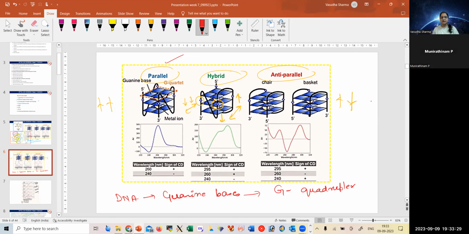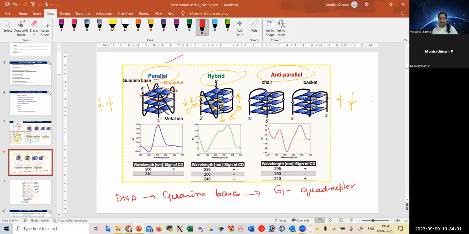Now you can see, just as we saw in the case of alpha helix, beta sheet, and random coil, there are different signatures in CD spectroscopy. Similarly, in the parallel case, there would be one negative band at 240 and one positive band at 260. In the anti-parallel case, there is one negative at 260 and two positive at 295 and 240, whereas the hybrid has both the signatures.